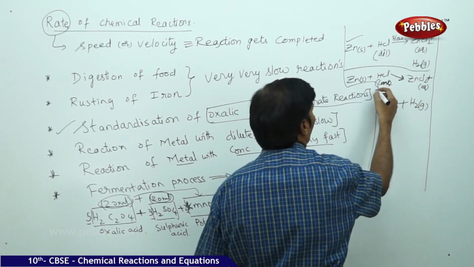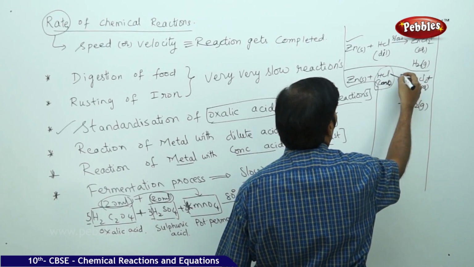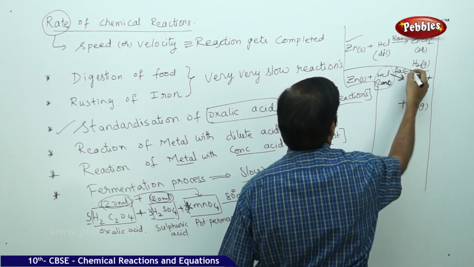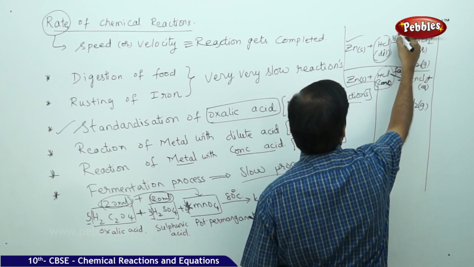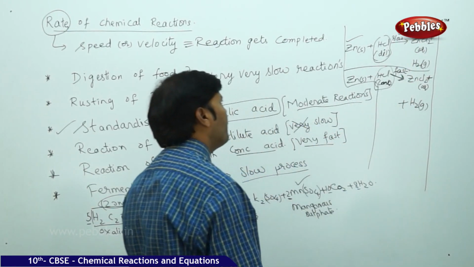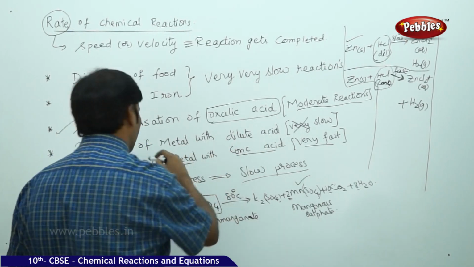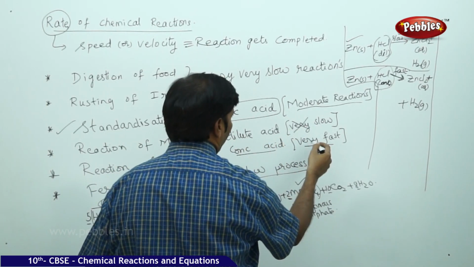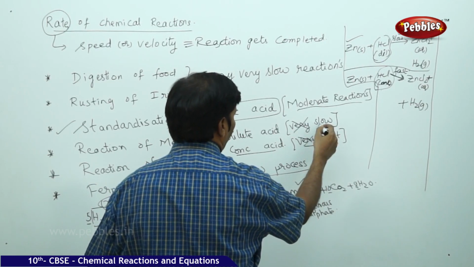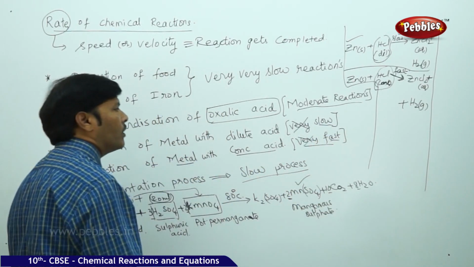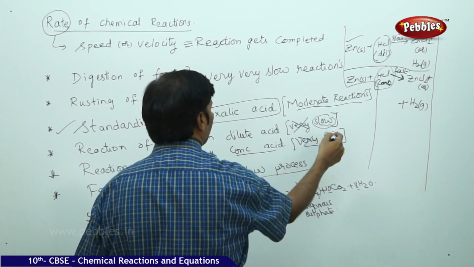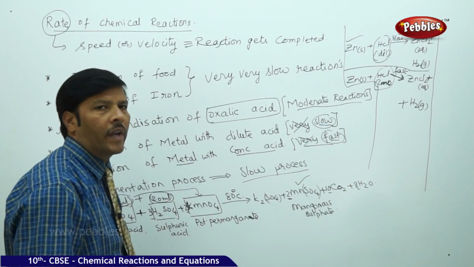Because the acid is concentrated, the reaction becomes very fast. Here the acid is dilute, that's why the reaction becomes very slow. In this way, we can simply differentiate between a very slow reaction and a fast reaction. Sometimes you can say simply slow reaction and fast reaction.